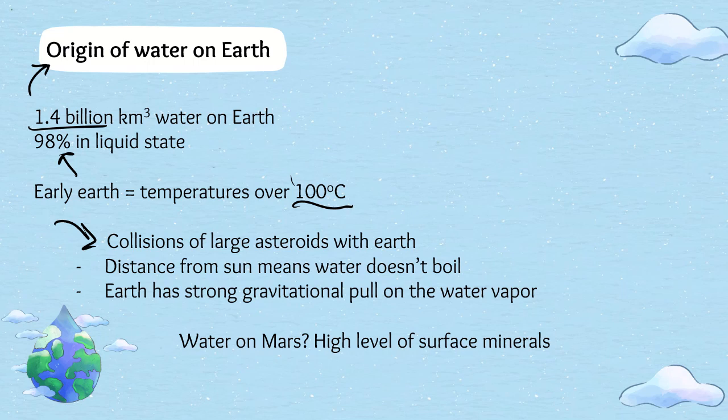We have a pretty strong gravitational pull, and so the water vapor was pulled down toward Earth. All of that hydrogen bonding meant that water got a little bit sticky, and so we ended up collecting and holding on to lots and lots of liquid water, which was essential for life to evolve.